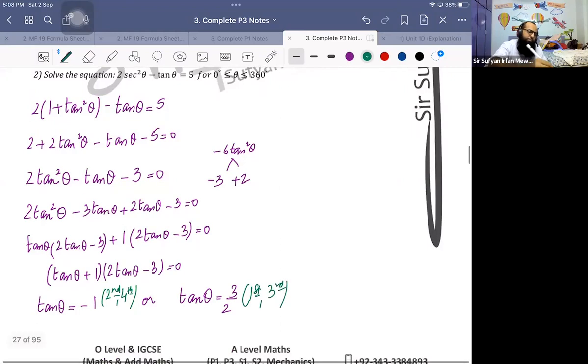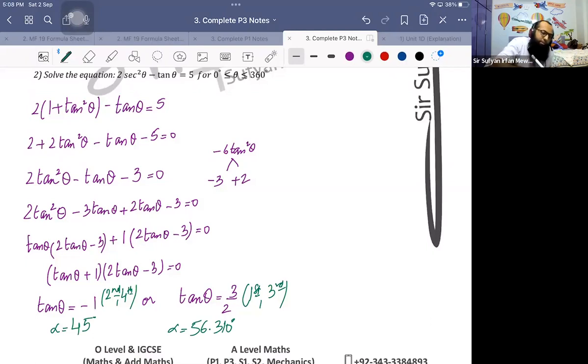The first step is finding the basic angle. For the basic angle, we ignore the negative sign. So tan inverse of 1 gives 45 degrees. And tan inverse of 3 over 2 will give us a decimal value, 56.3099, rounded off to 56.310 degrees.